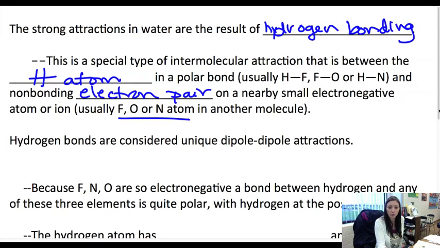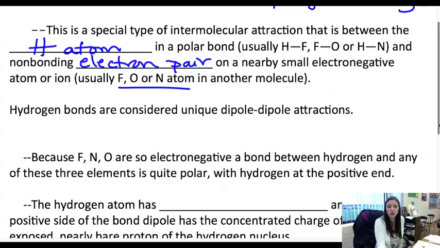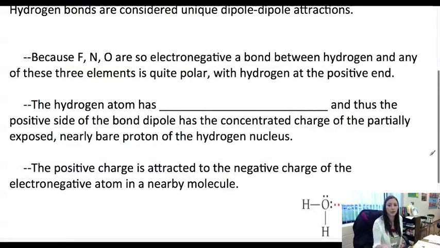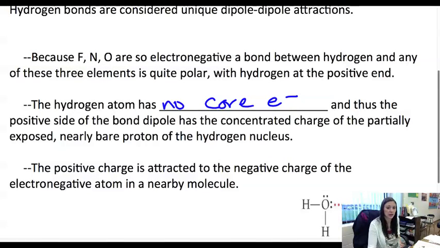Okay, and they come about because F, O, and N are so electronegative that a bond between hydrogen and any of these elements is very, very polar, with hydrogen being the positive end. Well, since hydrogen has no core electrons, that means the positive side of the bond has the concentrated charge of the partially exposed, nearly bare proton of the hydrogen nucleus.